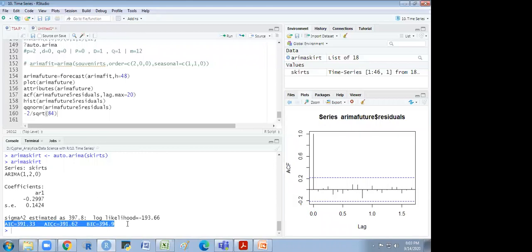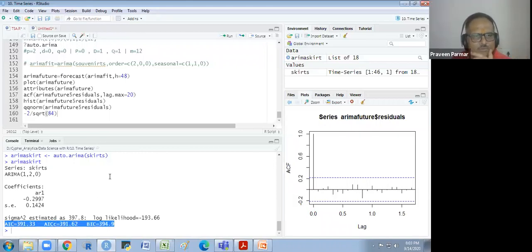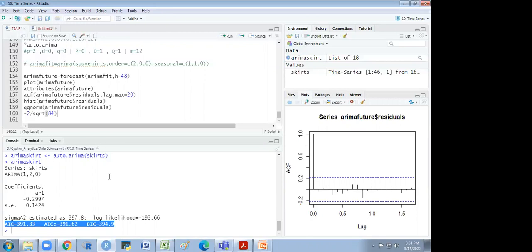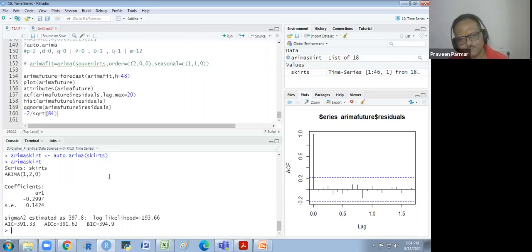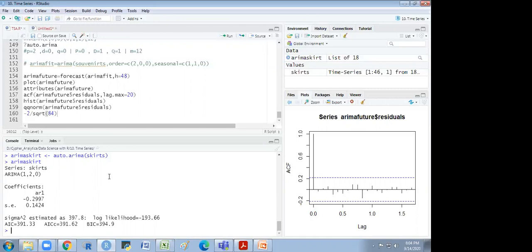So AIC is called Akaike Information Criteria, and BIC is called Bayesian Information Criteria. These are the criteria to choose what should be here in PDQ. So P is 1, D is 2, and Q is 0. Mainly AIC and BIC are used to choose these.